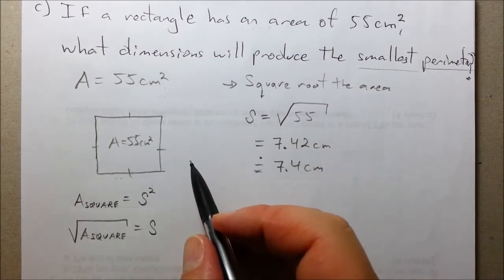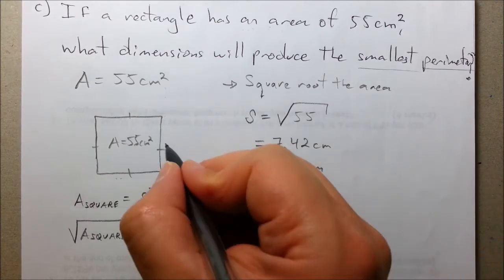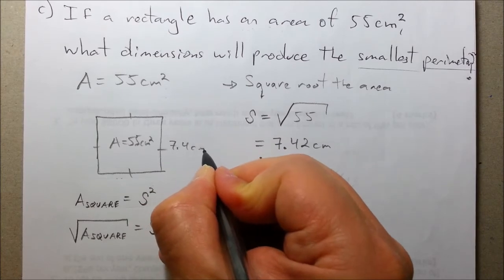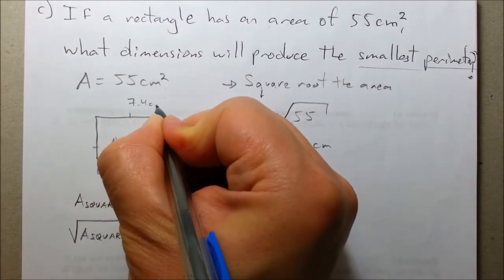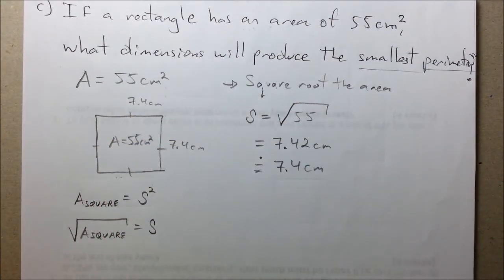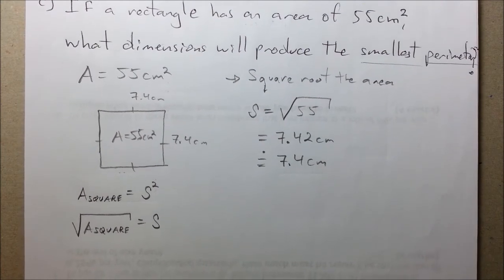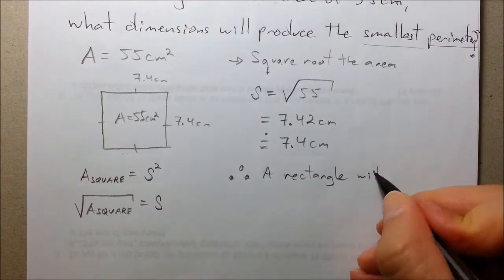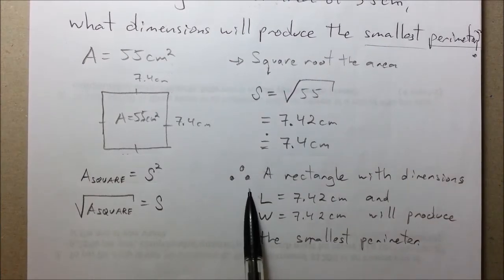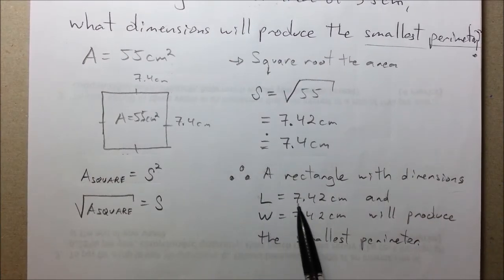And so that means 7.4 centimeters and 7.4 centimeters is what produces a rectangle with the smallest perimeter. So let's write this down. Therefore, a rectangle with dimensions length equals 7.42 centimeters and width 7.42 centimeters will produce the smallest perimeter.